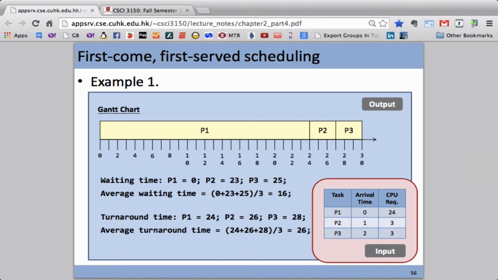Now, let's look at the algorithm input. Basically, this algorithm is first in, first out. First in, first out is the park and shop case. When you first join the queue, you will be served earlier. Here is the arrival time. I just came up with some random numbers. Don't ask why this is 0, why this is 1, why this is 2. I just came up with some random numbers in this example.